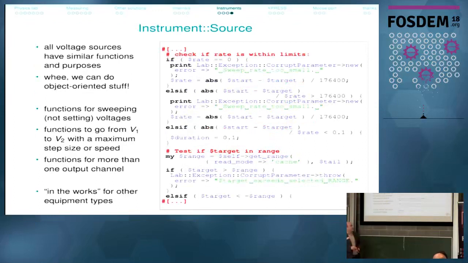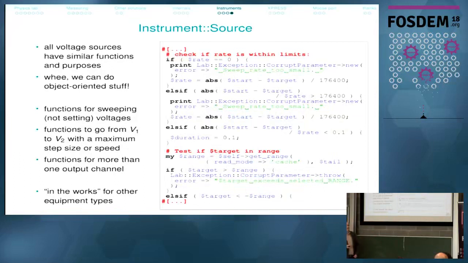Of course, there are more different cases, and there are also cases where we can use more language features or more programming features. For example, there are many different types of voltage sources from different companies, and they all have roughly the same functions. So we can make a class that is called instrument source, and that provides like a common interface. And then we can automatically provide more complex functions.